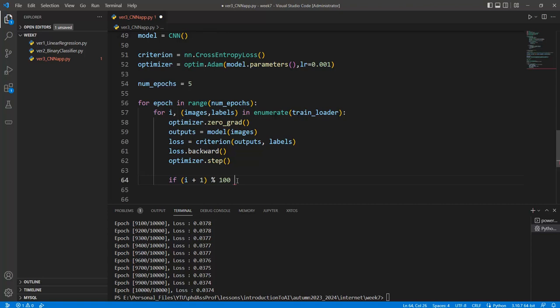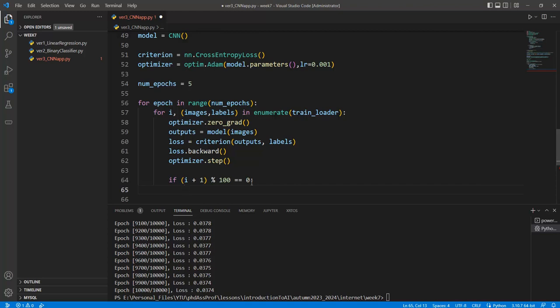You can see that this is for the batch size, but this is for the epoch size. Okay. At each batch size we need to give the what?